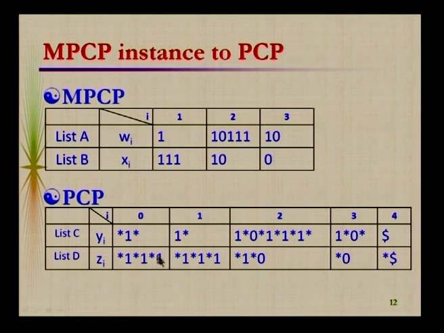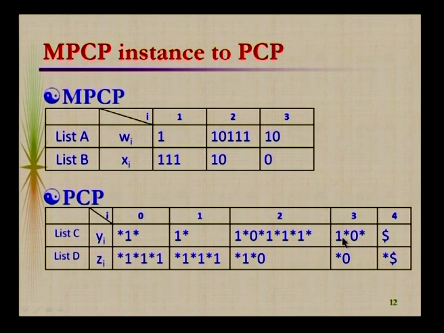Now, if you are looking at this particular PCP instance, you can take the first pair, pair number 0. It starts with star 1 star in y0 and correspondingly z0 is star 1 star. So, there is a prefix match. But if you go for the corresponding pair 1, it starts with 1, the second one starts with star, no match. Here it starts with 1, and starts with 0 here, star here, no match.